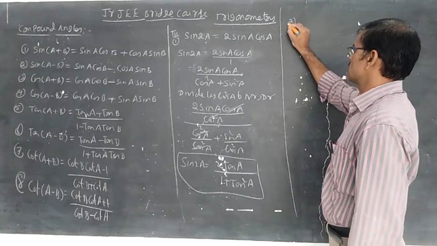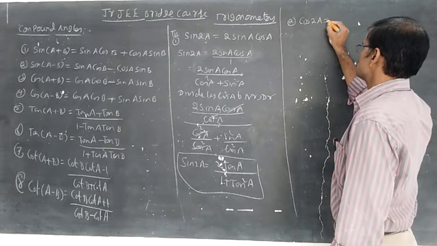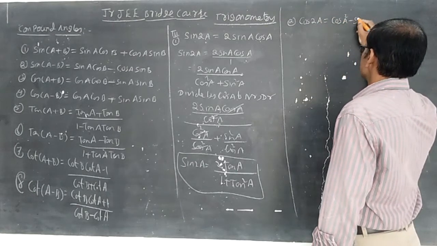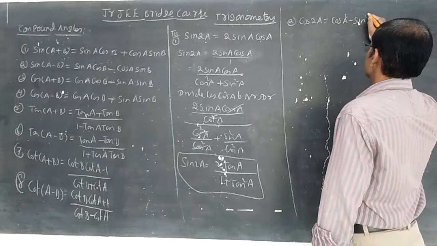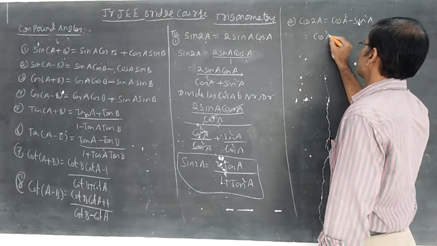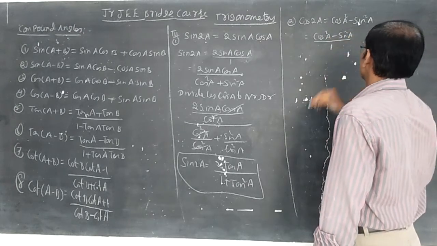Now the second formula: we can write here cos 2A is equal to, the general formula of cos 2A is cos square A minus sin square A. That is equal to, in the next step, cos square A minus sin square A whole by 1.